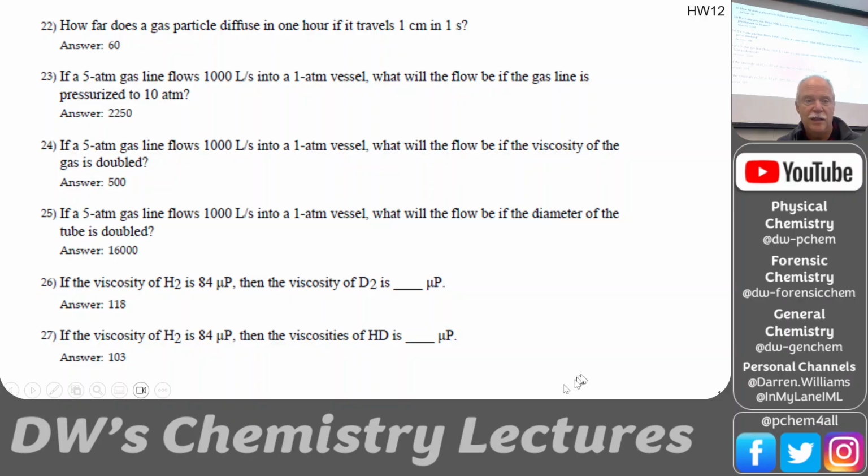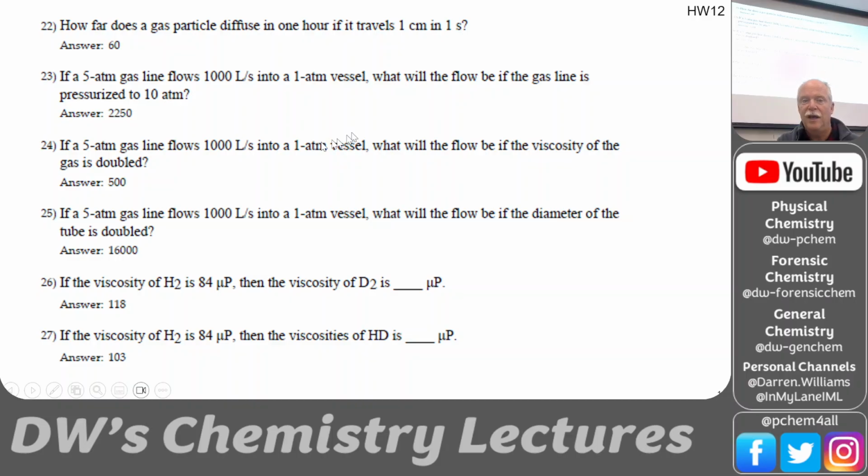Here the viscosity is doubled. A 5 atmosphere gas line flows 1,000 liters per second into a 1 atmosphere vessel. What will be the flow if the viscosity is doubled? So we have a change in pressure and a change in viscosity. Actually no, there's no change in the pressure. That's the P2 and that's the P1.